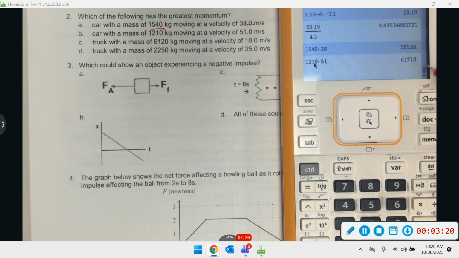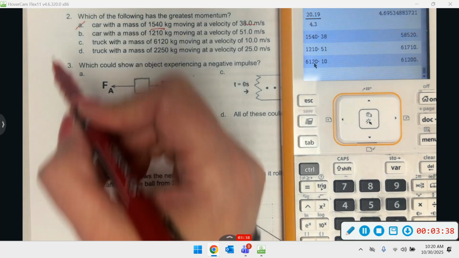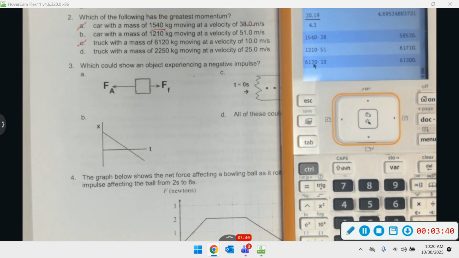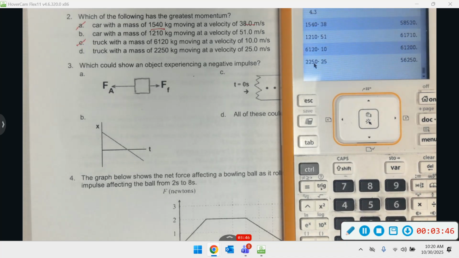So far, B is already greater than A, so I can cross off A. Now we're comparing B to C. C is 6120 times 10. Those two are similar, 61,710 versus 61,200, but C is less. And then D is 2250 times 25, which is still less.